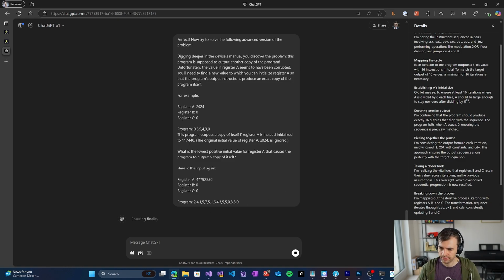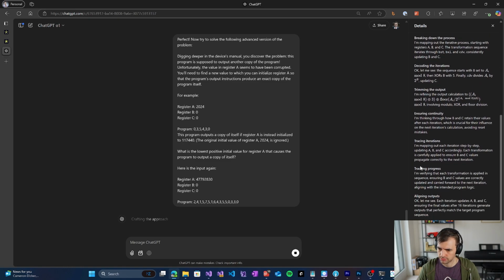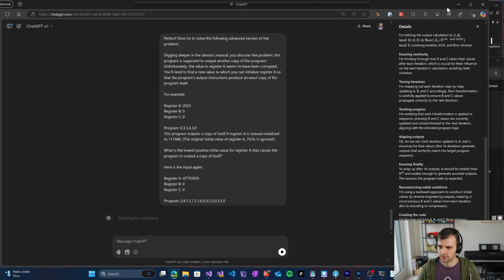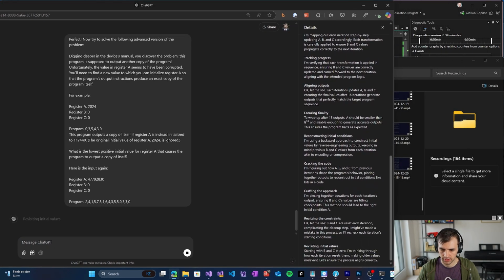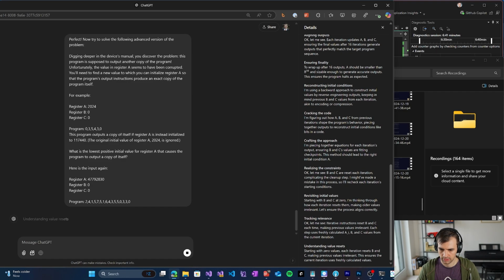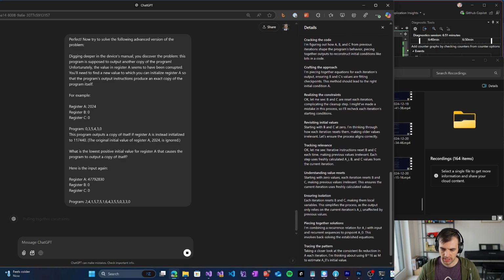And now it's doing the breaking down, trimming the output, missing iterations, and again I resize the window so it's visible. Okay, yeah, it came up with the observation that the B and C values are irrelevant, as they are reset each time. So we actually just need to calculate the A number.